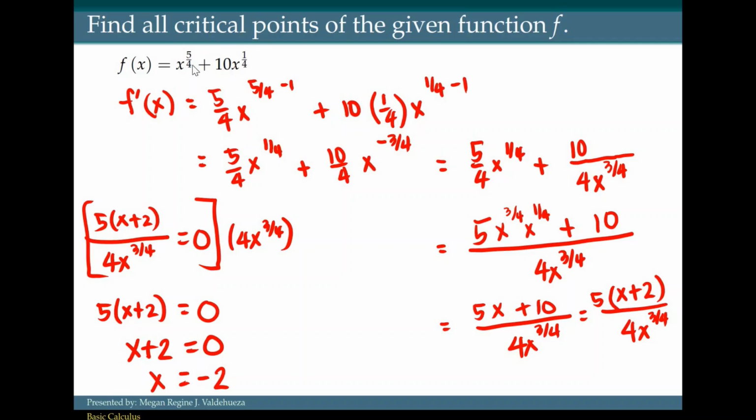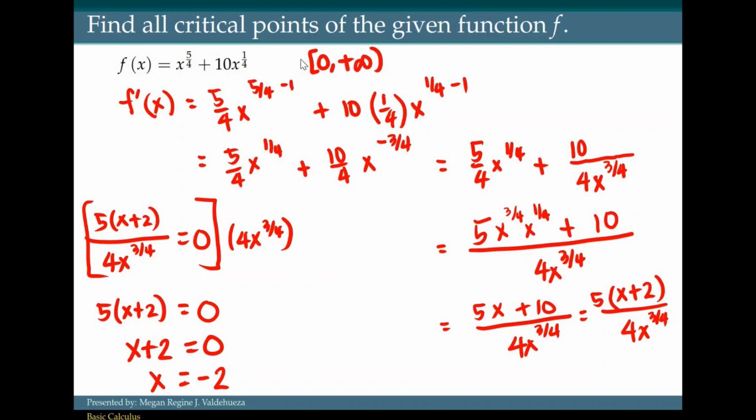Again, we recall how to determine the domain of the function. The domain of the function will only comprise from 0 to positive infinity.